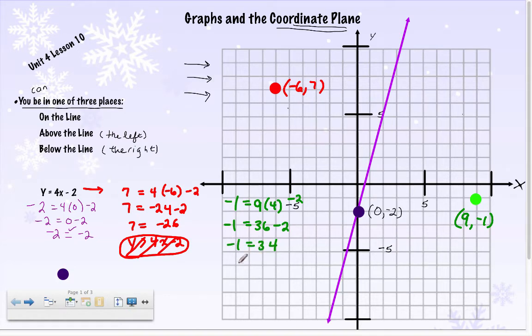No. But you can see here that this one was where the y value was less than 4 times the x value minus 2. And once again, something we will do in Chapter 5, but notice what we had was the line was equal, this side was greater than, and this side was less than. Makes sense.